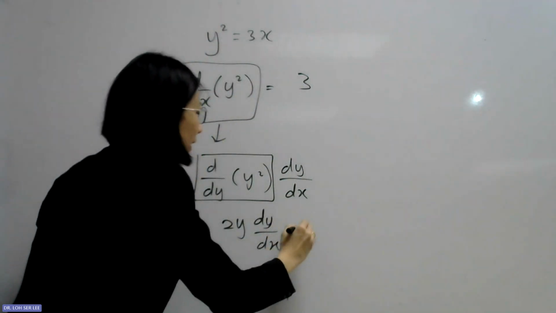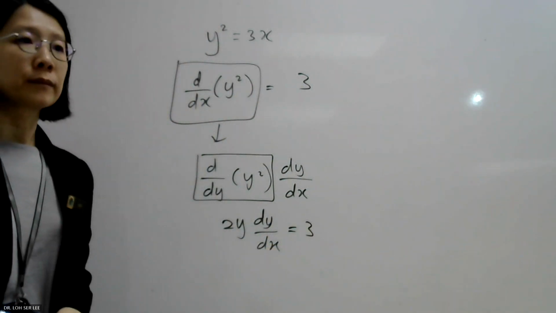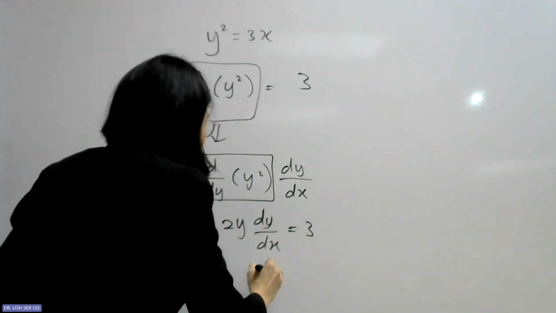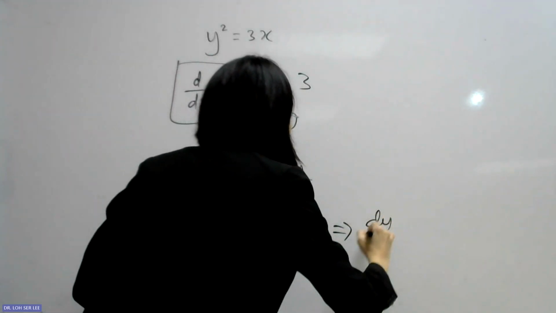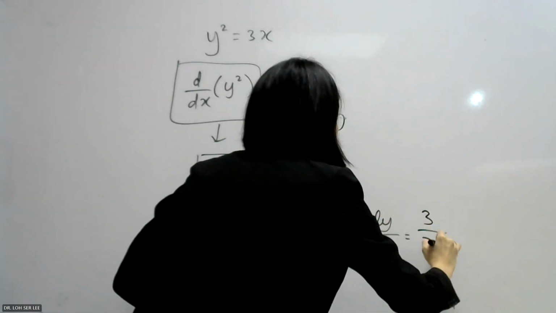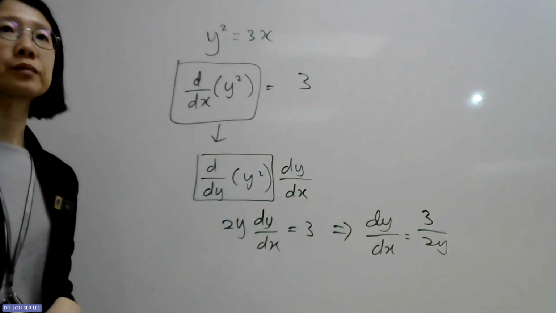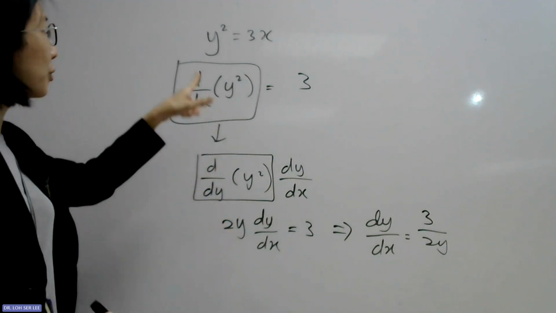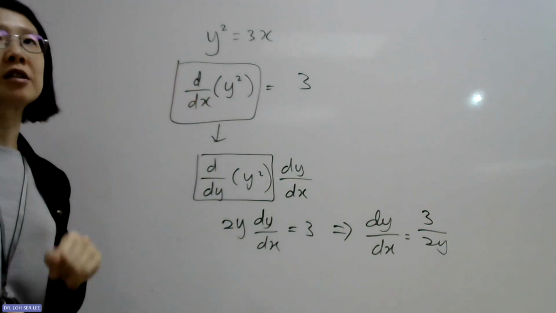And on the right hand side, you get 3. So what we want is dy dx. That means your dy dx will be 3 over 2y. Okay, this is how we find dy dx by using implicit differentiation.